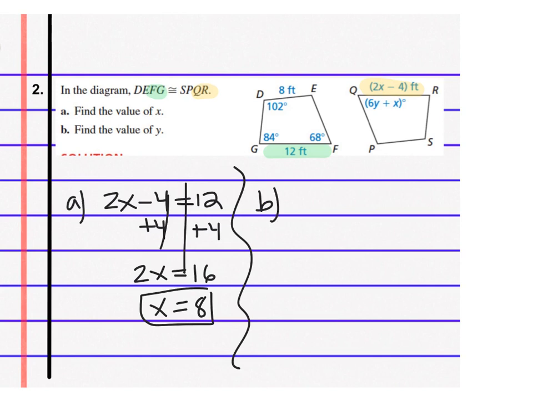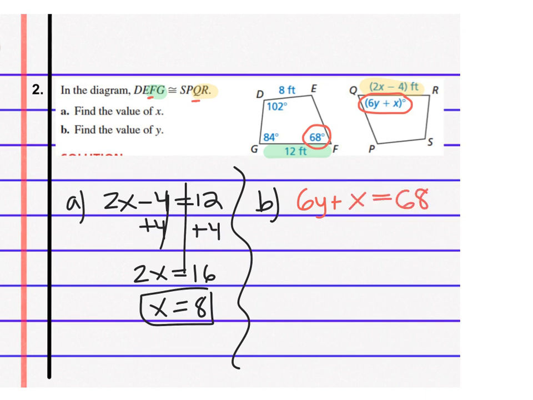For part B, find the value of y. Let's think about this one. I need to find y. Here's y, which is angle Q. Q is the third one. That goes with F, with 68. So 6y plus x equals 68.